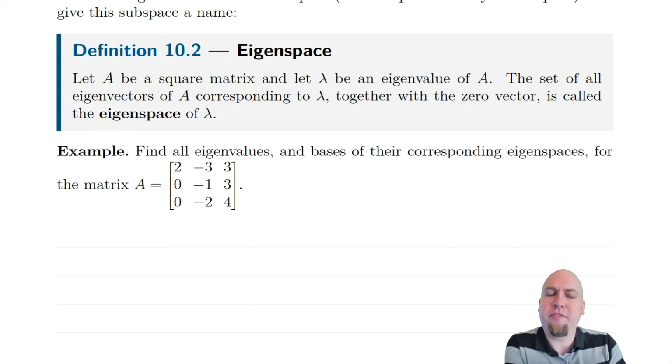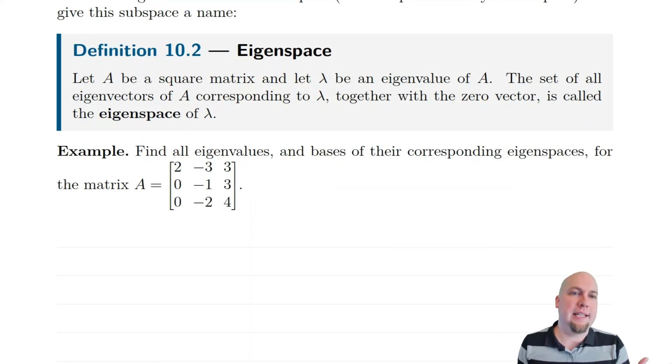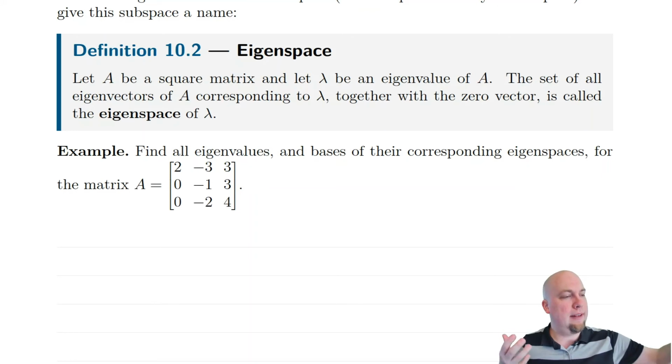Now, the reason for thinking in terms of this will be highlighted by the next example. Instead of describing all eigenvectors associated with a particular eigenvalue, what we typically want to do is just give a basis of the corresponding eigenspace, because that's a minimal description of all eigenvectors.